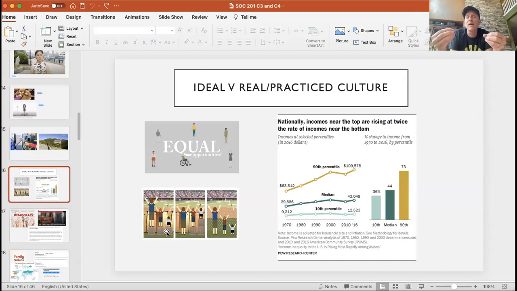Equity addresses people's starting point, their lot in life, providing things that are more equitable to provide more equal opportunity. So in this case, the shorter person, to see the game, would actually need a couple of boxes. That's more equitable. And then finally, why do we even have the boxes or the fence at all, right? Make it an even playing field for everyone.